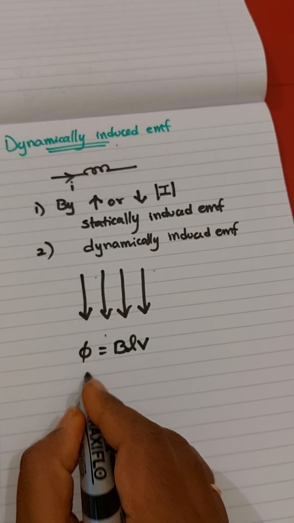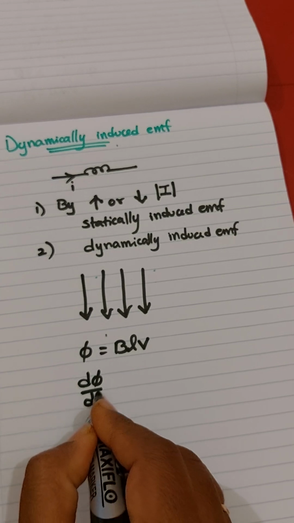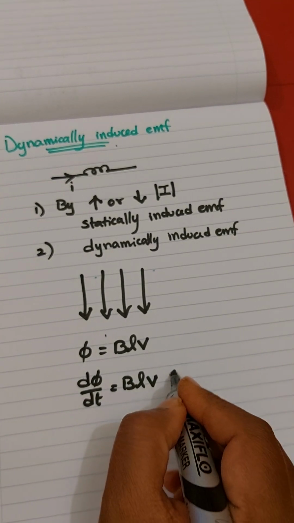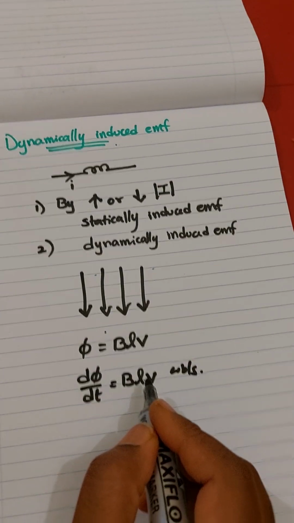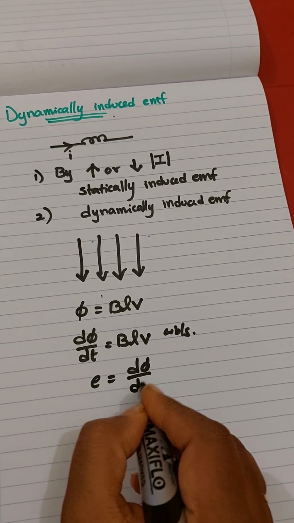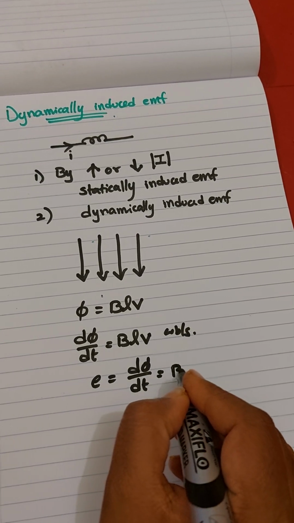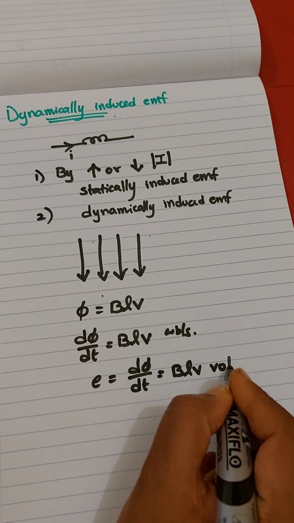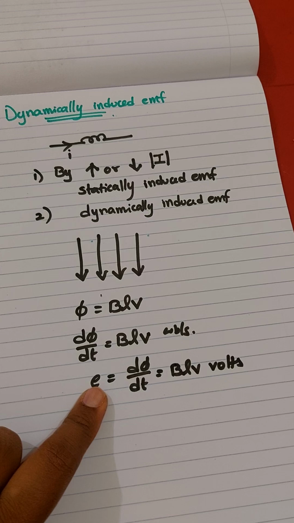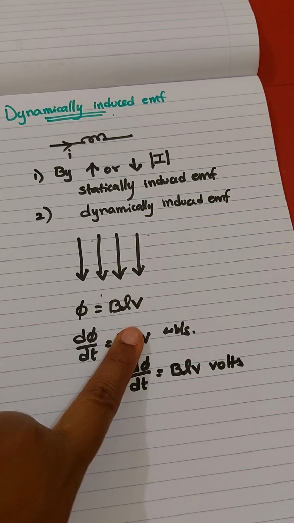So the rate of change of flux is BLV, which is Webers per second. So the induced EMF is d phi by dt, which is equal to BLV volts. So the rate of change of flux is EMF, right? So obviously EMF will be BLV.